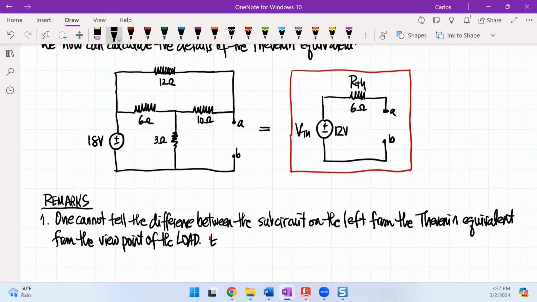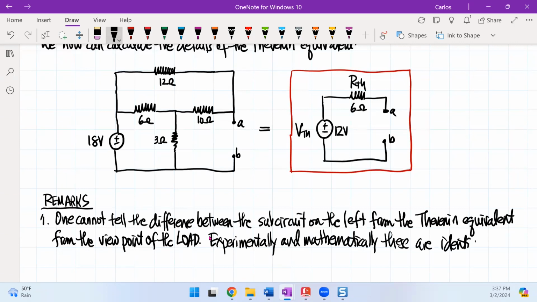So experimentally, and mathematically, these are identical. And I gotta be careful from the viewpoint of the load.